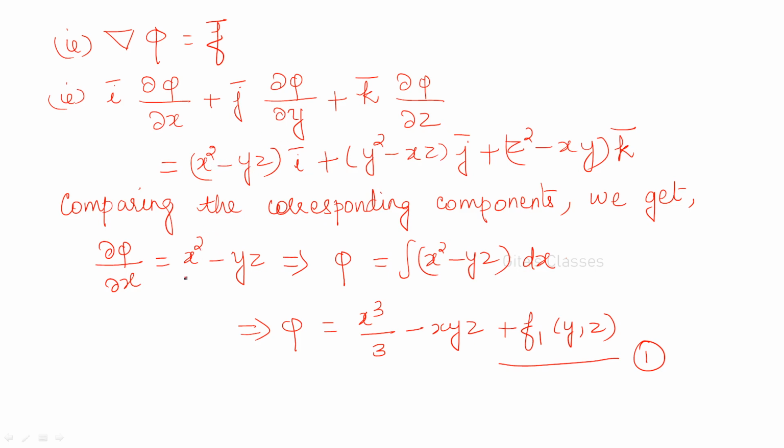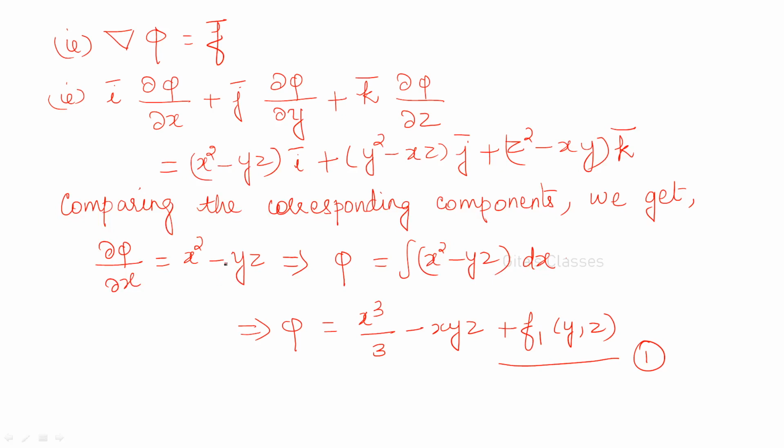So here one point is important, that is dou phi by dou x is equal to x squared minus yz. So by differentiating some function partially with respect to x, we got x squared minus yz, right?